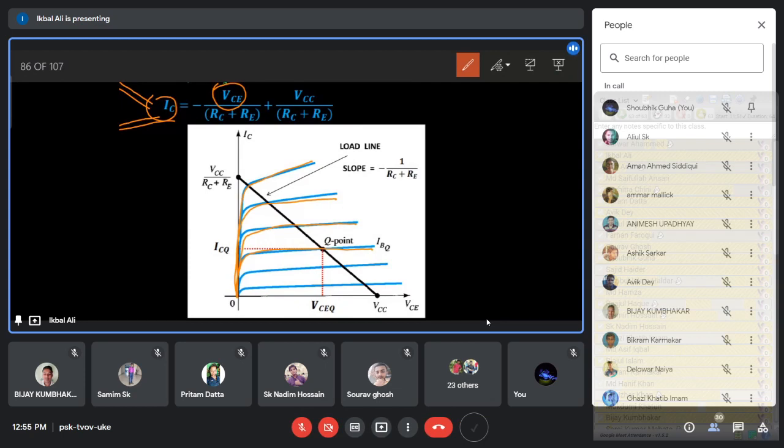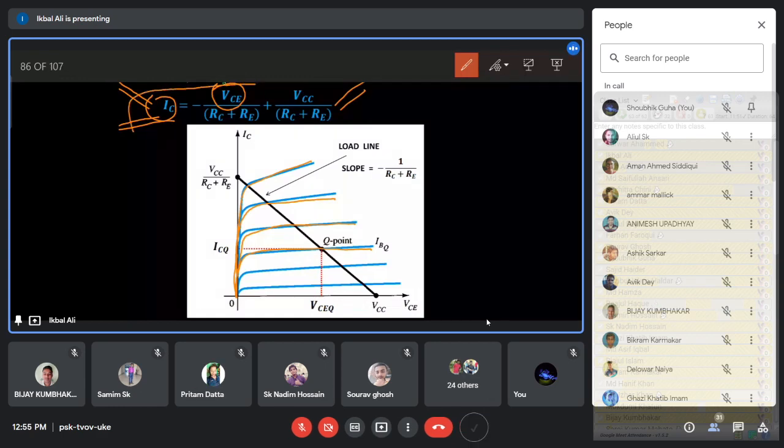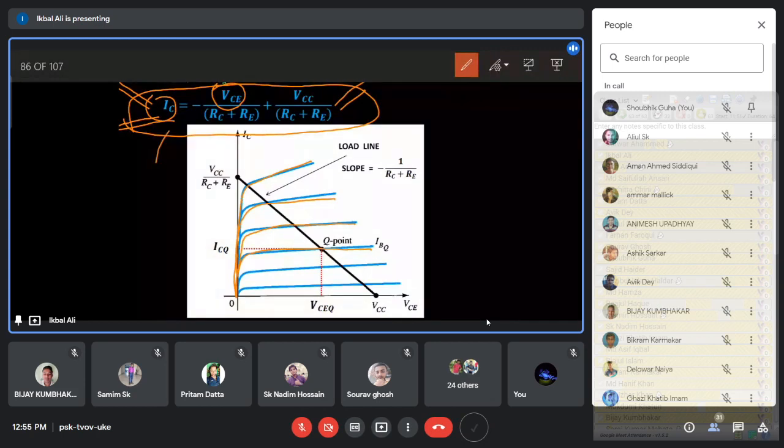That is quite easy because we know the output characteristics of the transistor. As the second equation is represented graphically, this straight line equation, the output loop KVL equation, we should also represent graphically. Instead of the mathematical equation, we represent it as a graph, and that is this straight line equation.